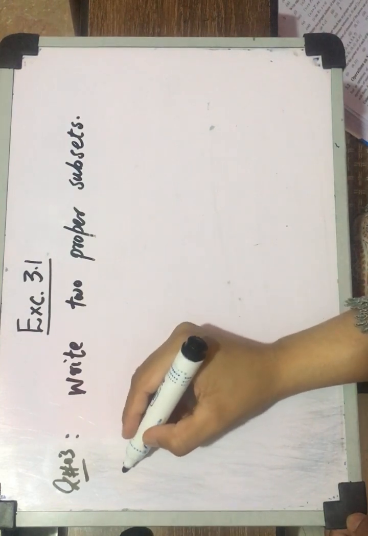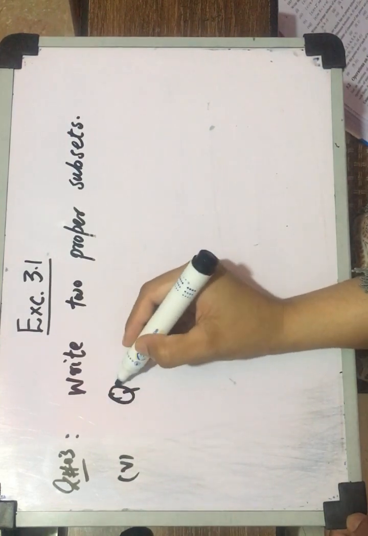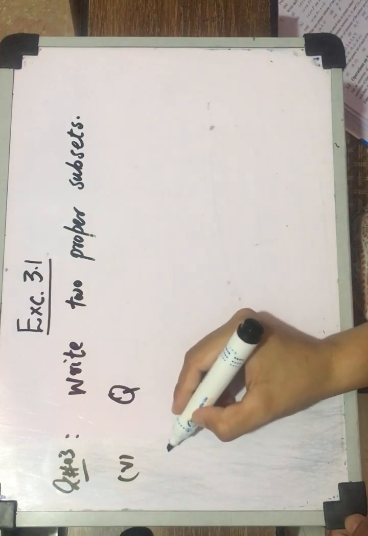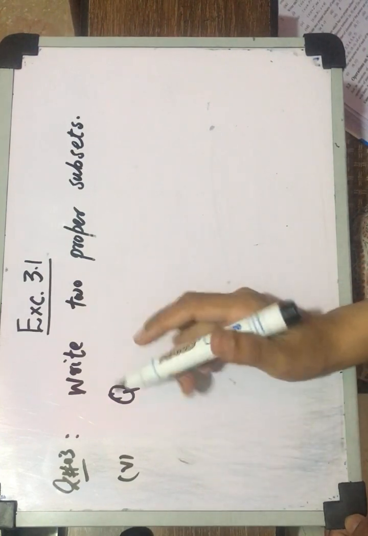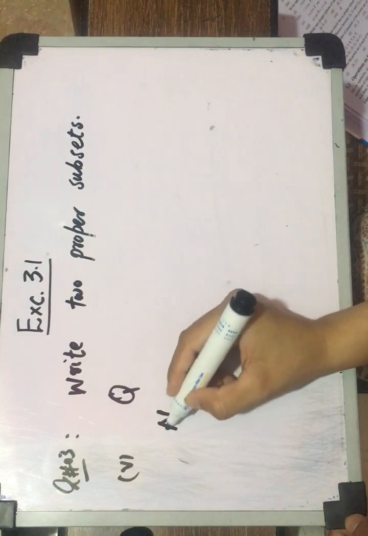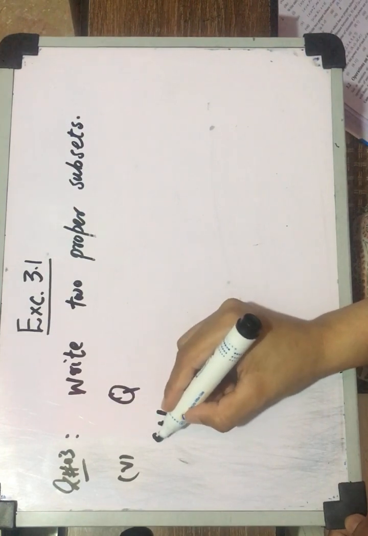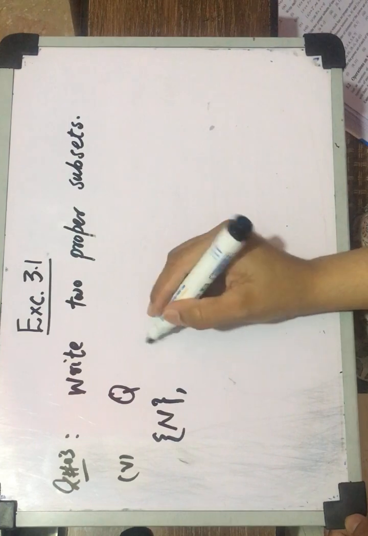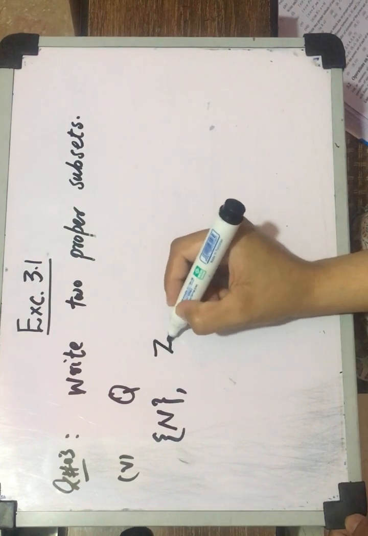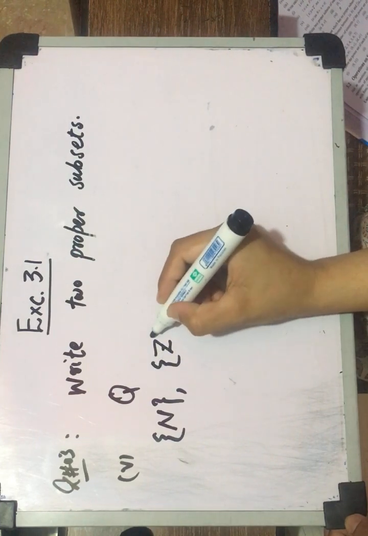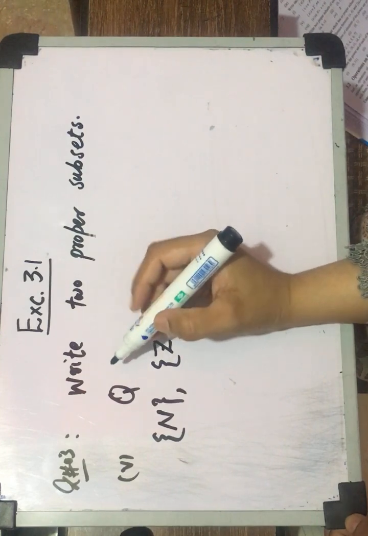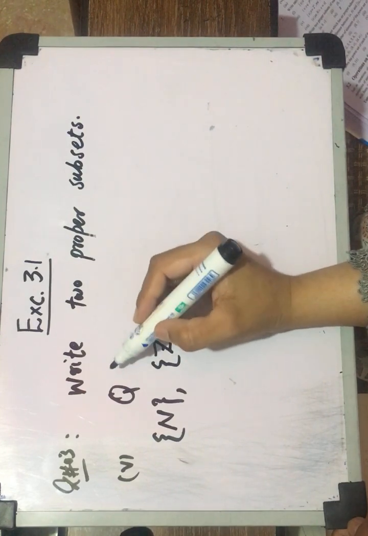So for the rational numbers Q, the proper subsets are natural numbers, let's say, and you can say integers. Whole numbers are also a proper subset of Q.